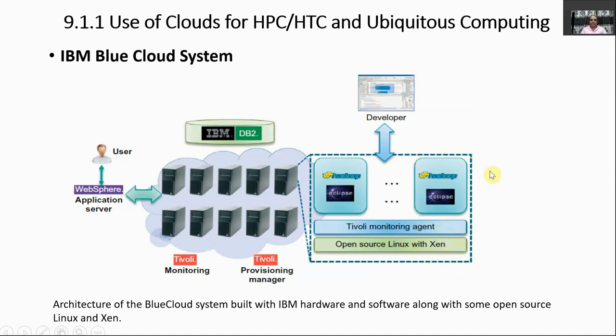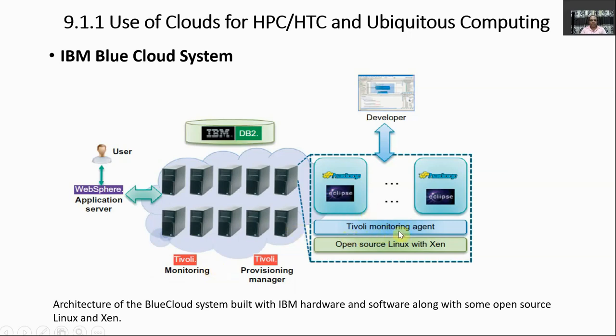So the user of an application server needs resources which are virtualized using the Xen virtualization layer, and there are monitoring and provisioning managers. In IBM it is known as Tivoli. So Tivoli monitoring and provisioning managers are available for provisioning the virtual machines and monitoring them.